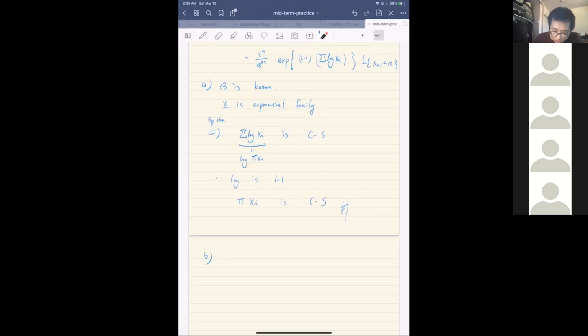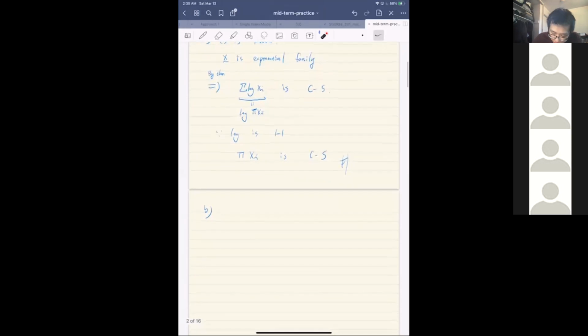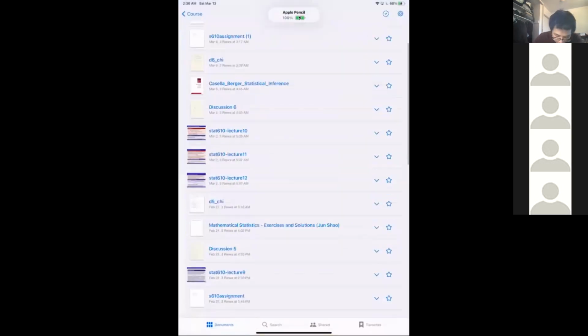For the sufficient part, a function of a sufficient statistic may not be a sufficient statistic, so only a one-to-one function can be sufficient. Let me check.